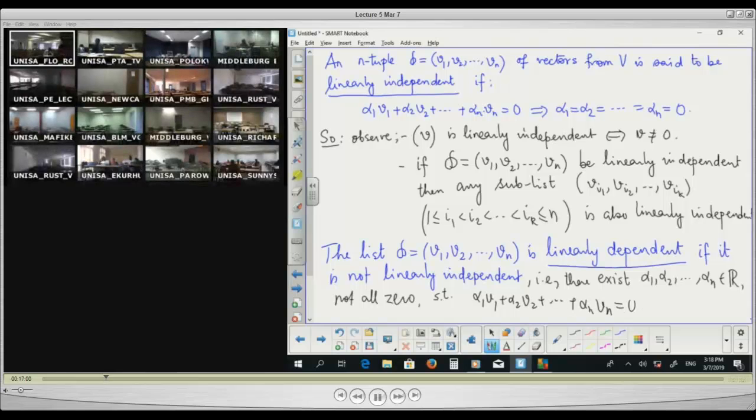That is the whole idea of saying that the list is linearly dependent.